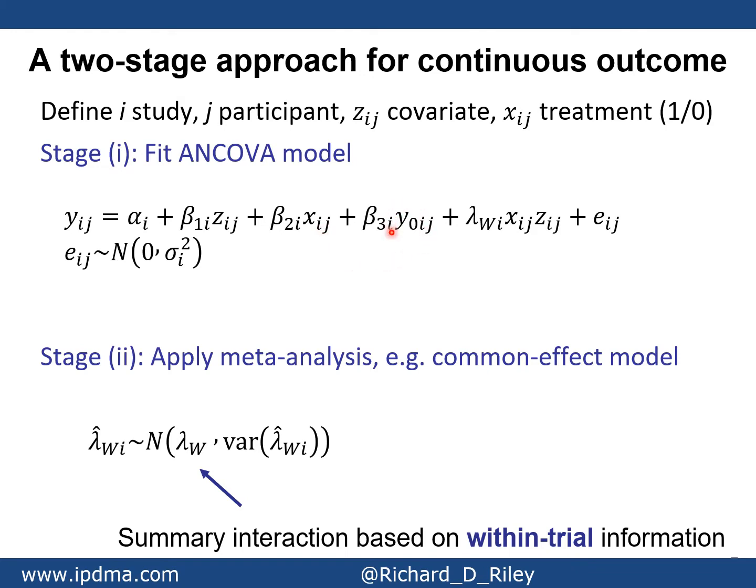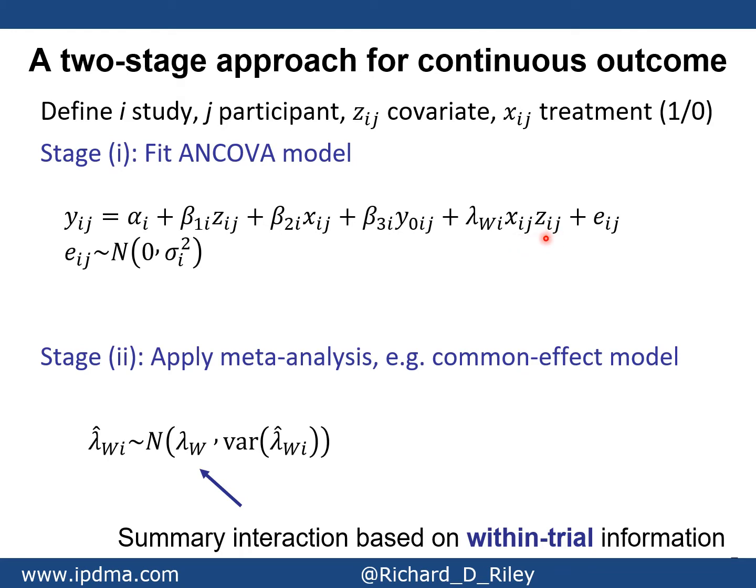We'd account maybe for the baseline value of the continuous outcome, so baseline blood pressure. And our main focus here is this interaction term, lambda, which is interacting the treatment and the covariate. So this interaction term here tells us how the treatment effect changes for every 1 unit change in Z.